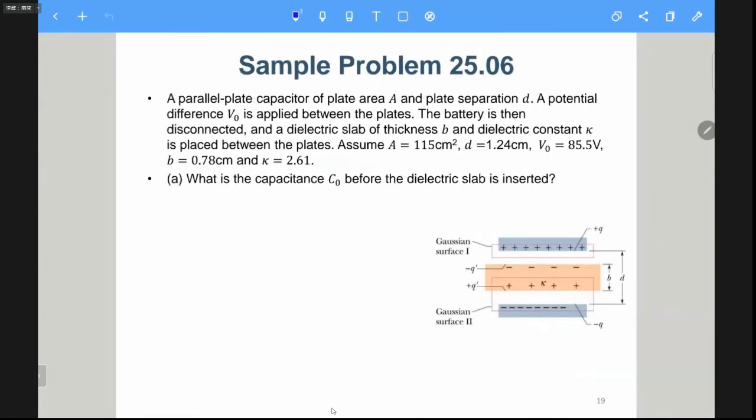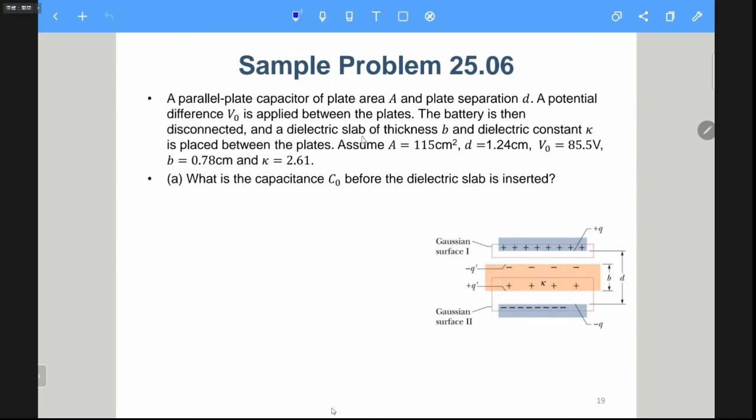So next, we have another sample problem. A parallel plate capacitor has plate area A and plate separation D. A potential difference V0 is applied between the plates. The battery is then disconnected, similar to the previous one.